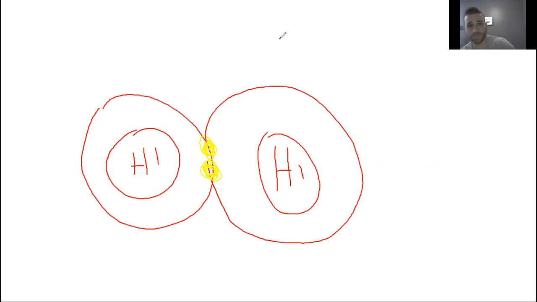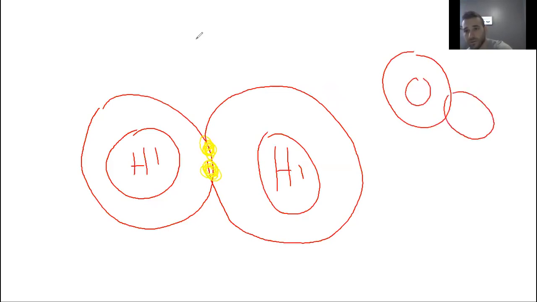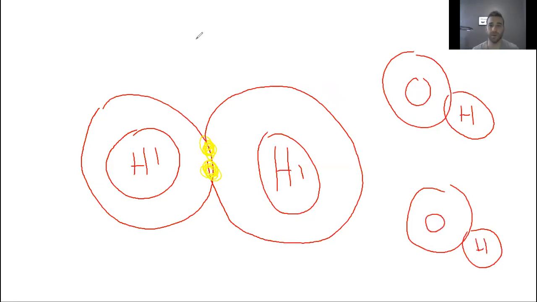So this H2, if we have a hydroxyl radical here, and a hydroxyl radical here, they're both neutral. But we now know that both of these have an electron in their outer orbit that is unpaired.